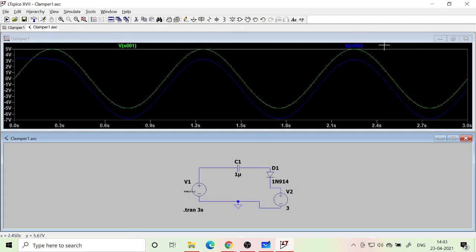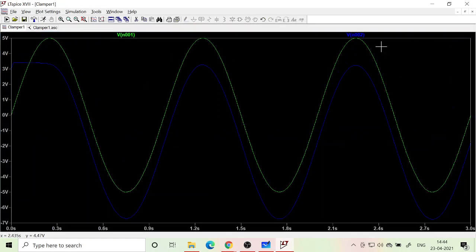Okay, so if you look at here, you can see, let me maximize it, 5, and this is something like 3.4. So 5 minus 3.4, 1.6. So roughly 1.6 volt is the capacitor voltage to which it is charged.